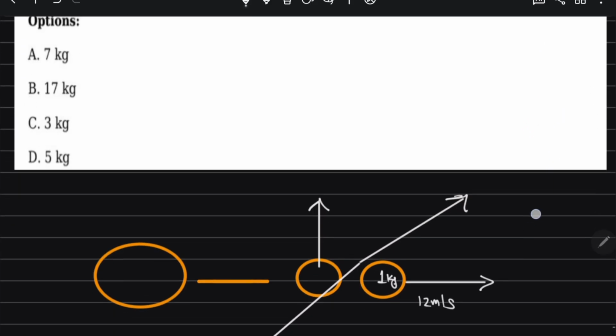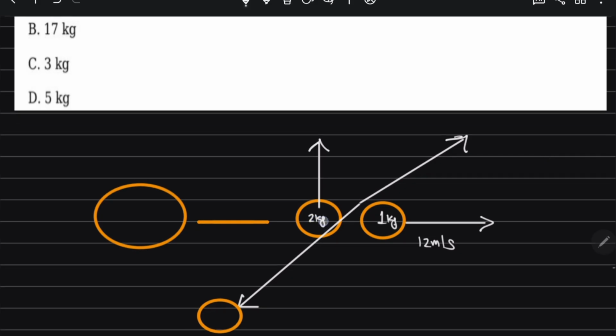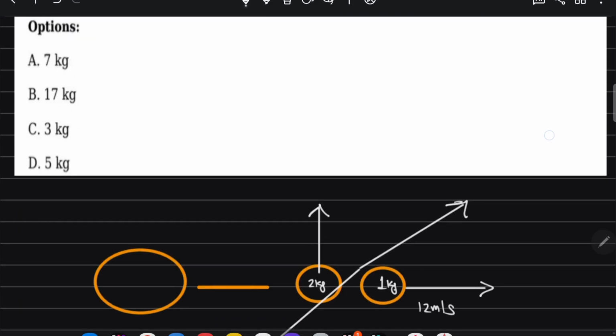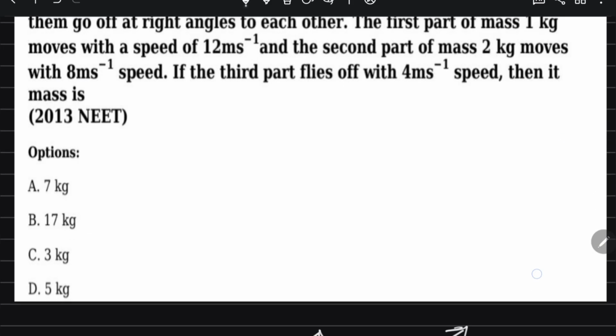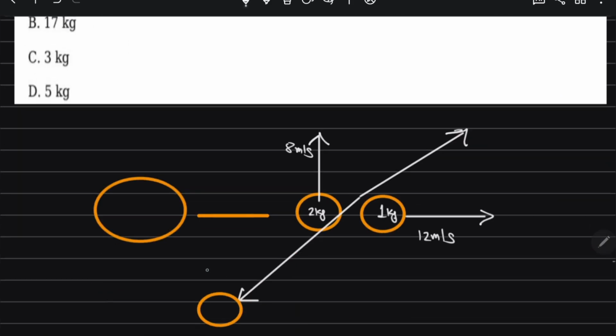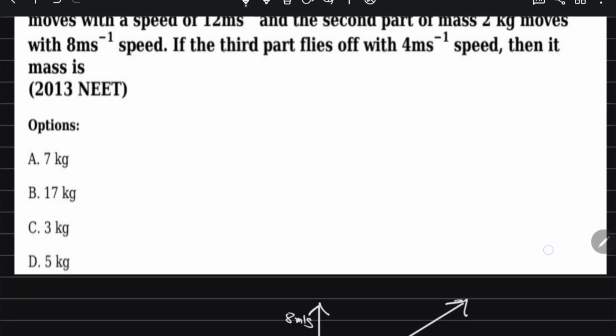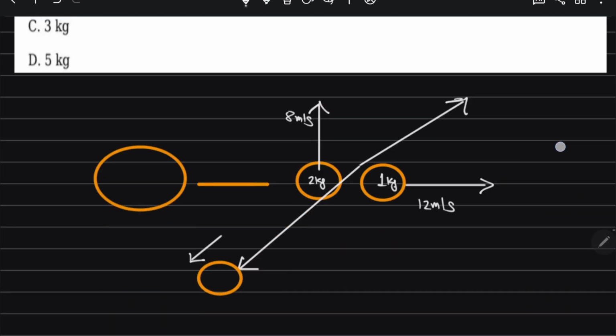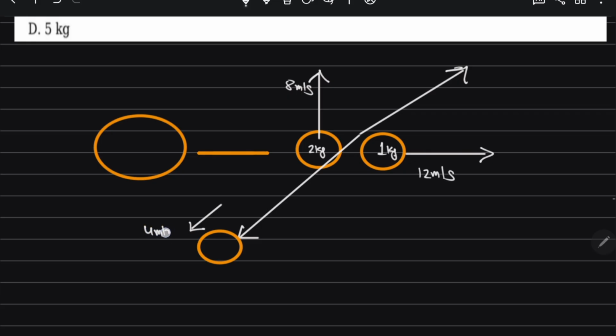The second part, 2 kg, moves with 8 meter per second. The third part is moving with a speed of 4 meter per second, and they are asking M3.